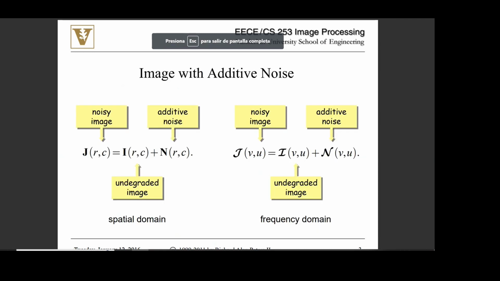Okay, so let's model our image formation. We will say that the observed image is the ideal one plus noise, and this is in real space. You can do the Fourier transform of this equation, and you have the same equation, but now in Fourier space. But why don't we have the convolution with the kernel?